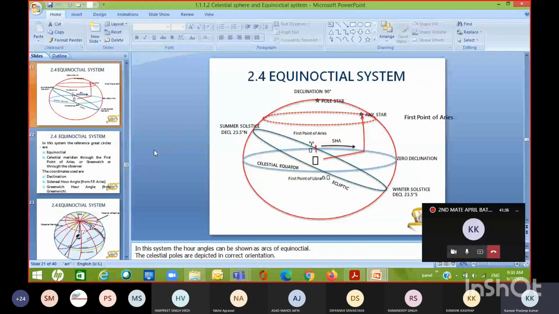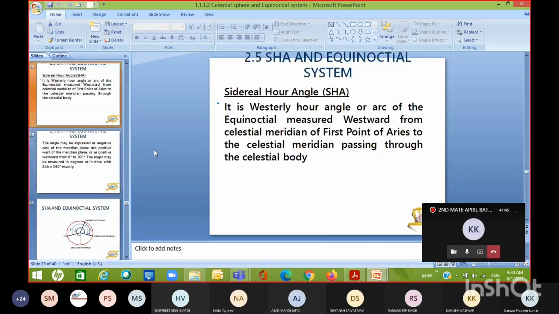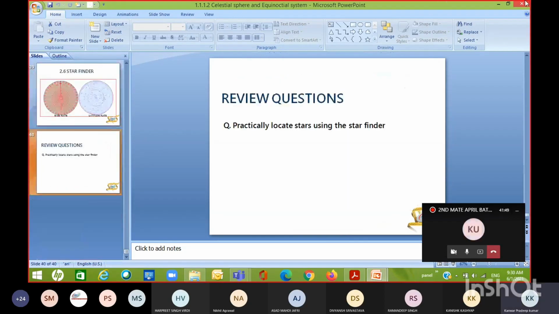These are more complicated diagrams, that's why I'm not showing you these. Otherwise, this is also a celestial sphere.